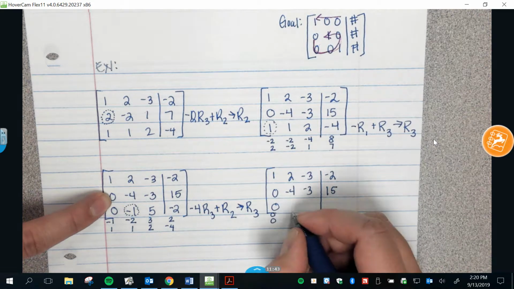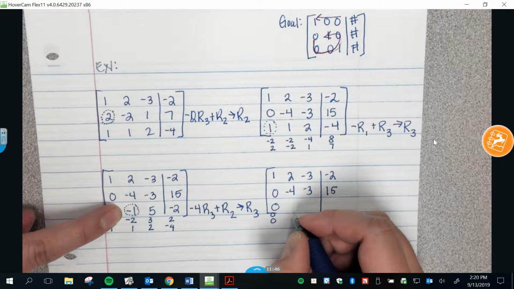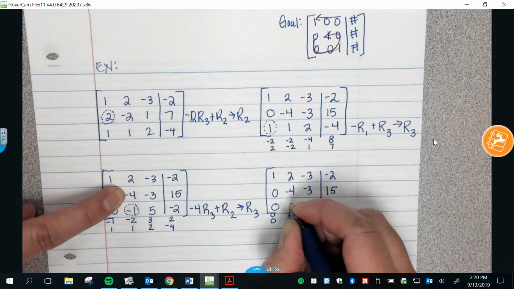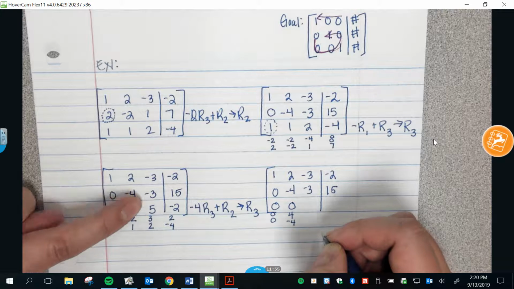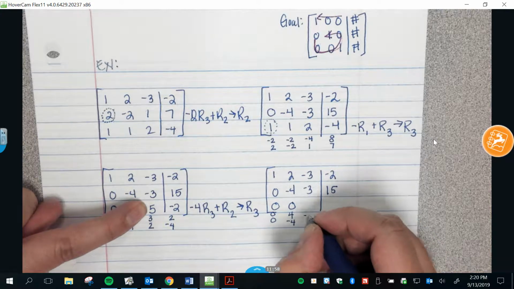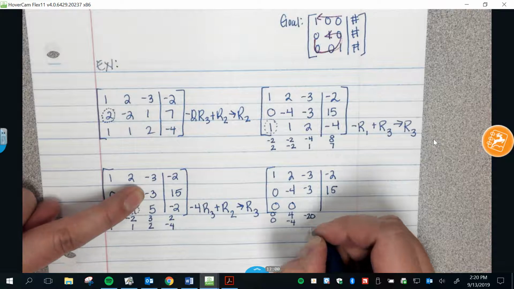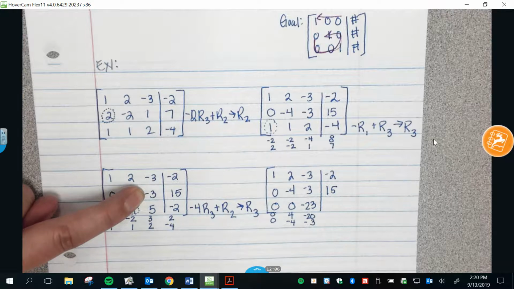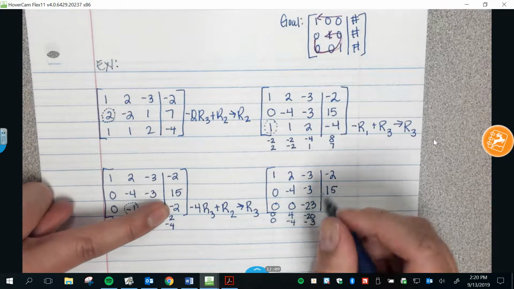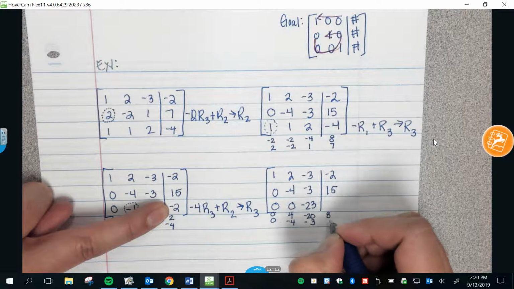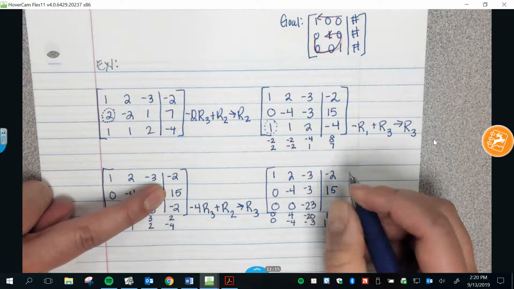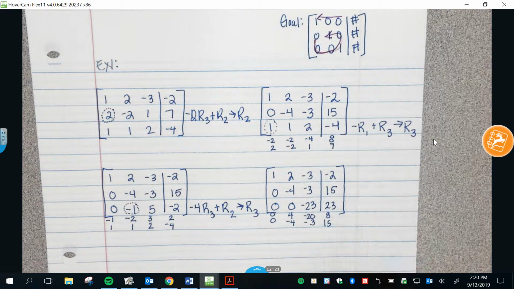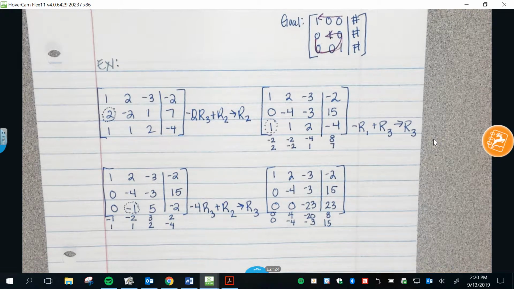Well, that one's easy. -4 times -1 is 4, plus -4 is 0. -4 times 5 is -20, plus -3 makes -23, and -4 times -2 is 8, plus 15 makes 23. Okay. All right, so we've set up our zeros that are in the bottom, right?